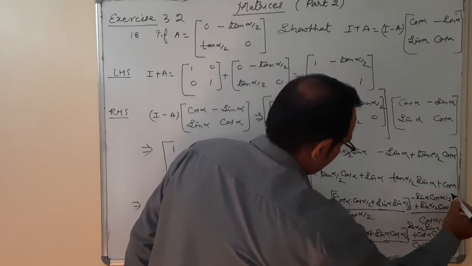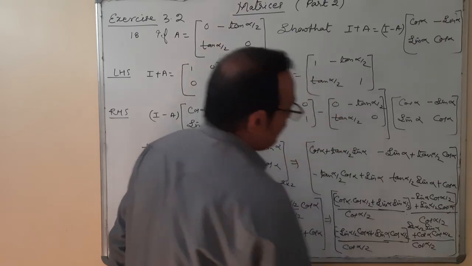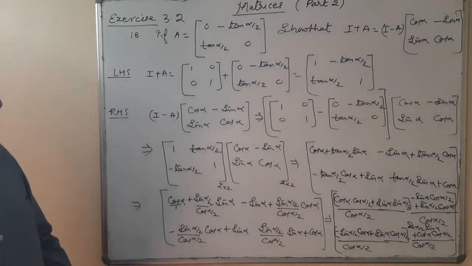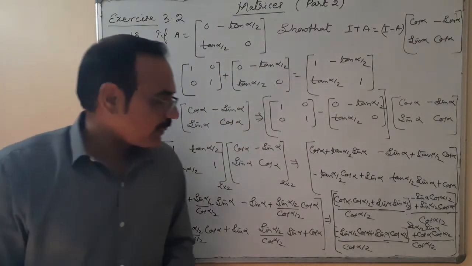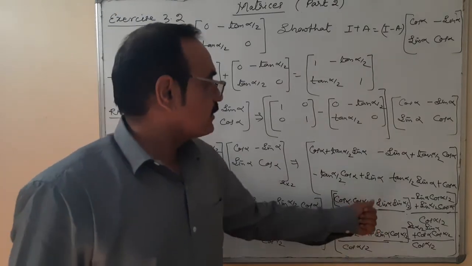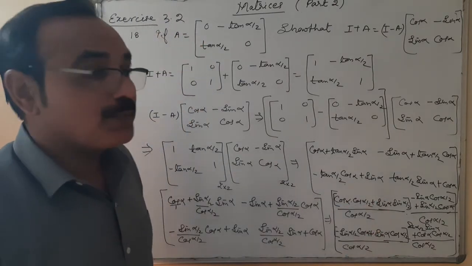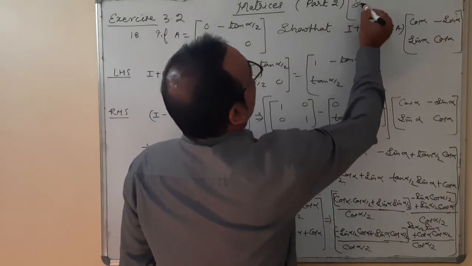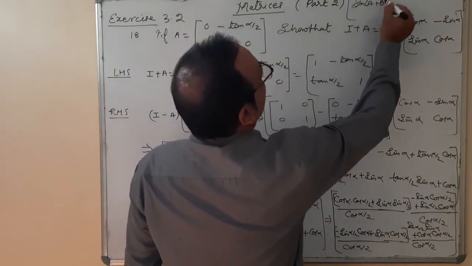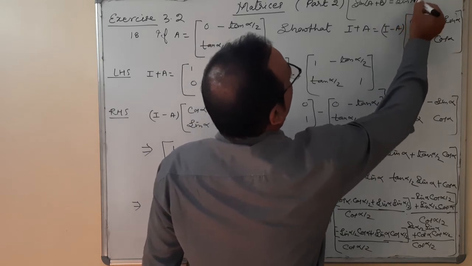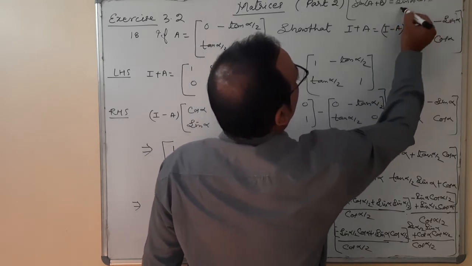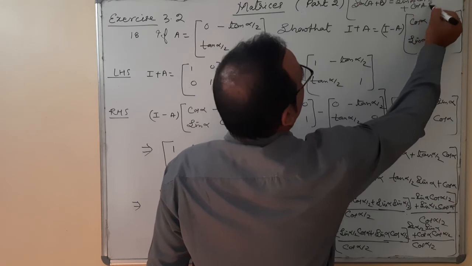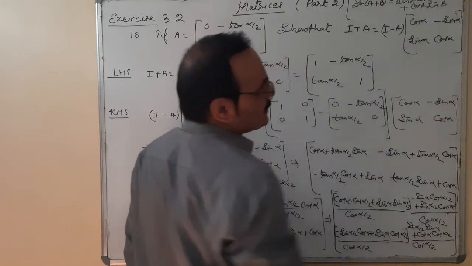Okay. That is a matrix of 2 cross 2. Now look at this identity: sin A plus B, that is sin A cos B plus cos A sin B. Isn't it?